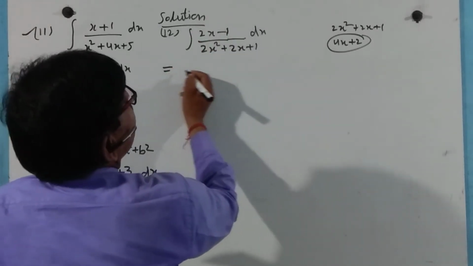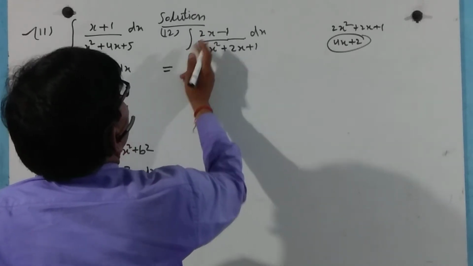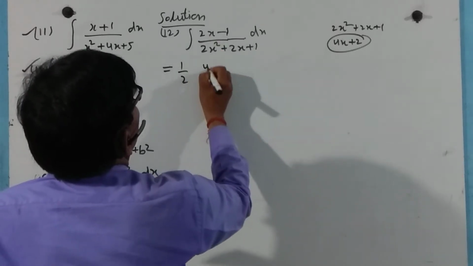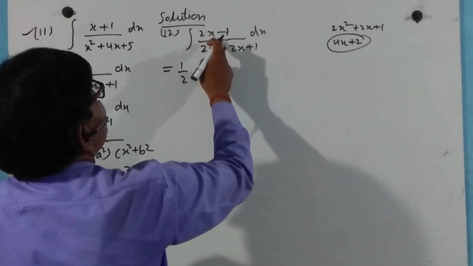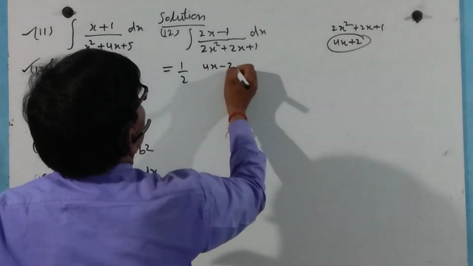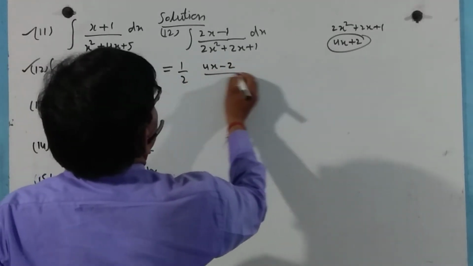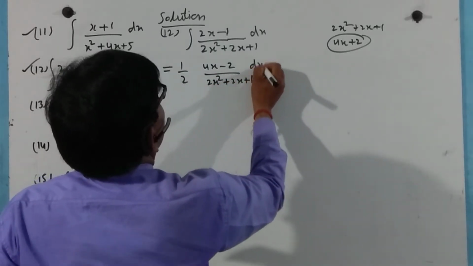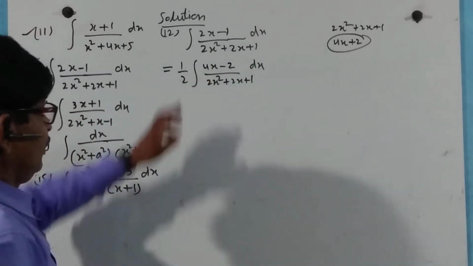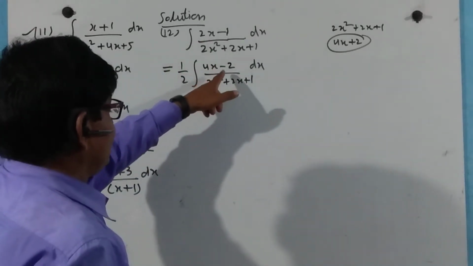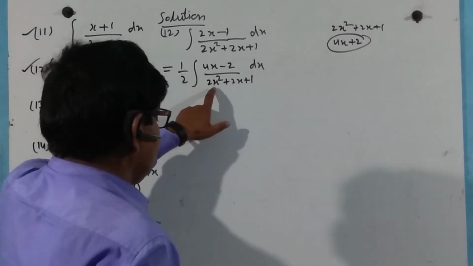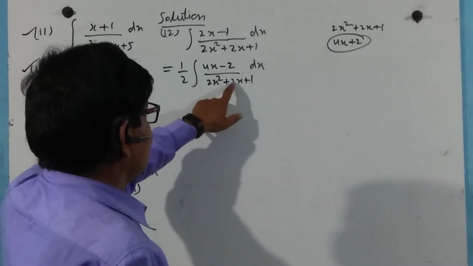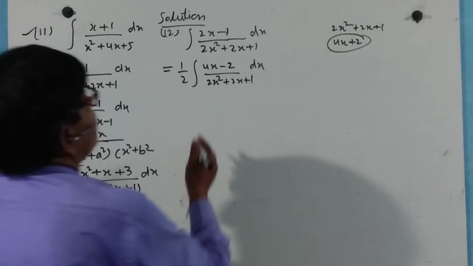We arrange this: 4x, multiply 1 by 2 here, this is equal to 4x + 2 minus 2, divided by 2x² + 2x + 1 dx, and integration of this. Here we multiply by (4x + 2) because if we differentiate it, 4x + 2 comes, for arrangement of this.